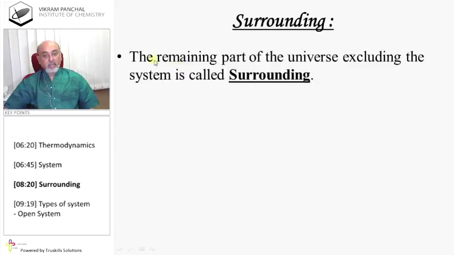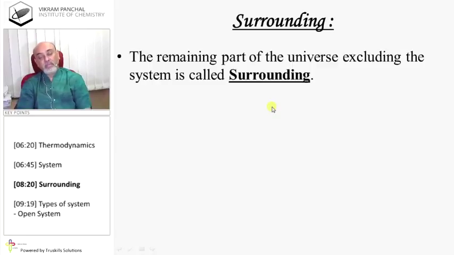Surrounding. The remaining part of the universe, excluding system, is called surrounding. That means system plus boundary plus surrounding is equal to universe. Then why do we take universe in this case? Why can't we limit surrounding as a limited area around system?